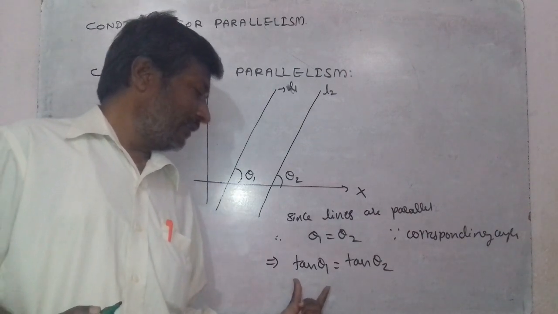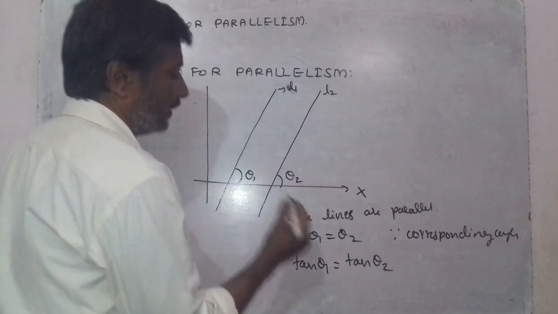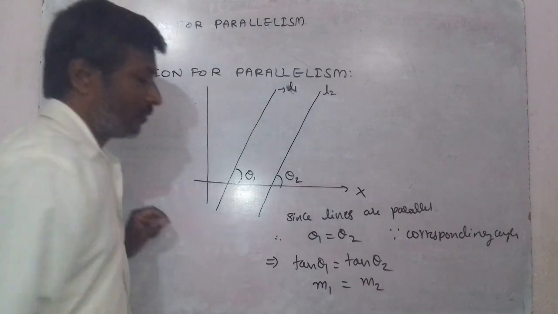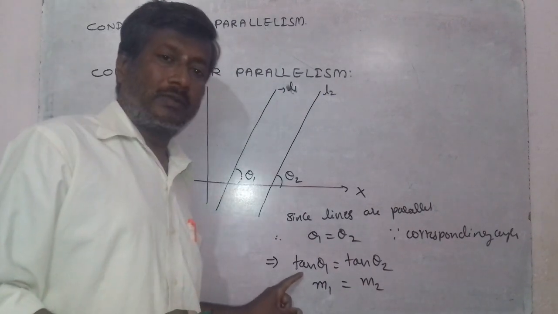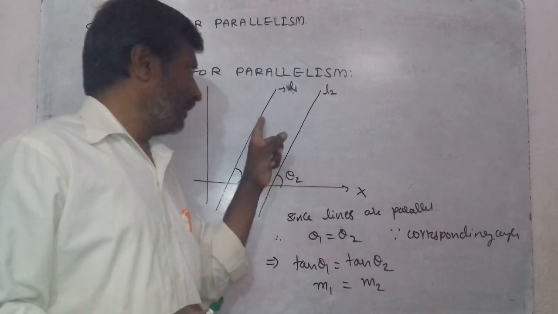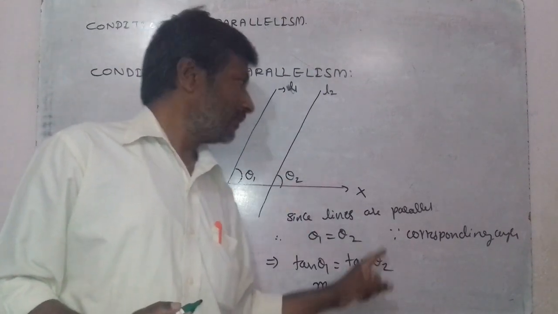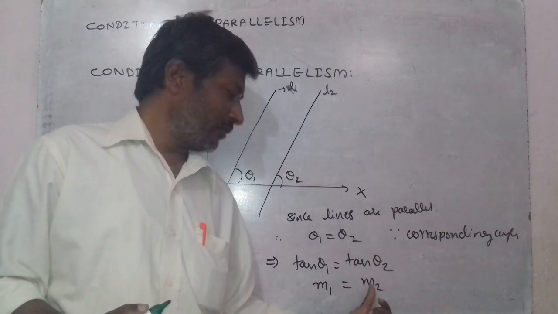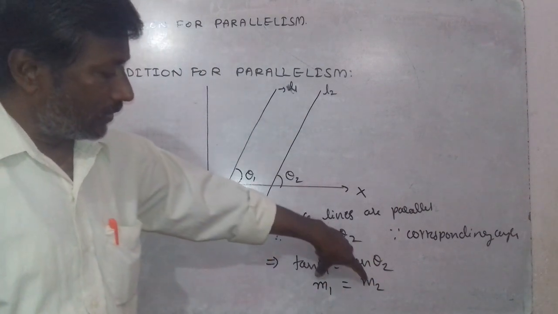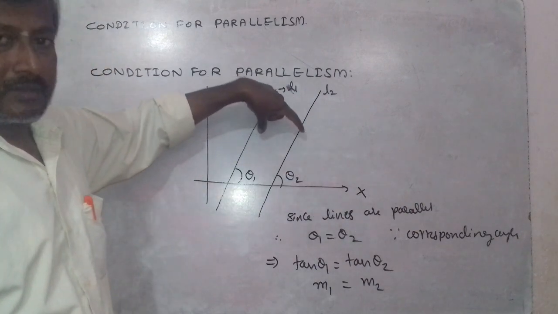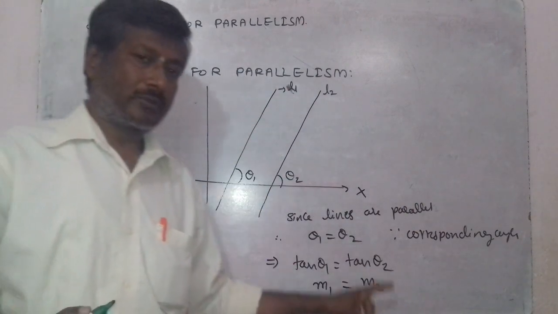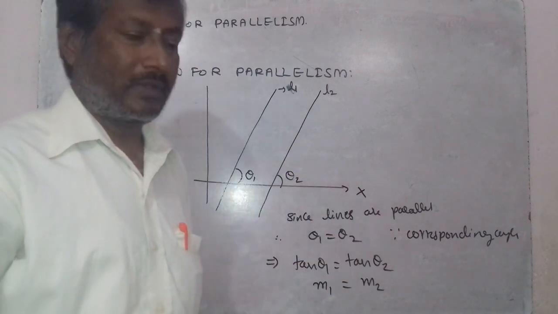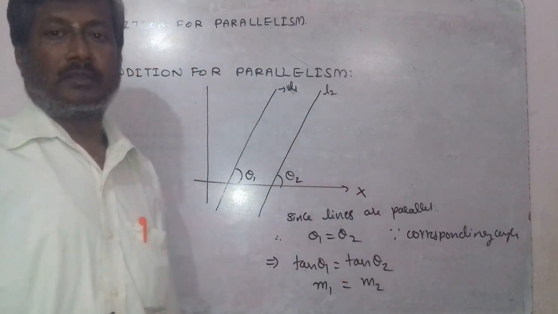But we know that tan theta 1 is represented by m1, so this equals m2, because tan theta 1 is the slope of line L1, tan theta 2 is the slope of L2, represented by m1 and m2. Therefore, if slopes are equal, then lines are parallel. Hence, the condition for parallel is slopes must be equal.